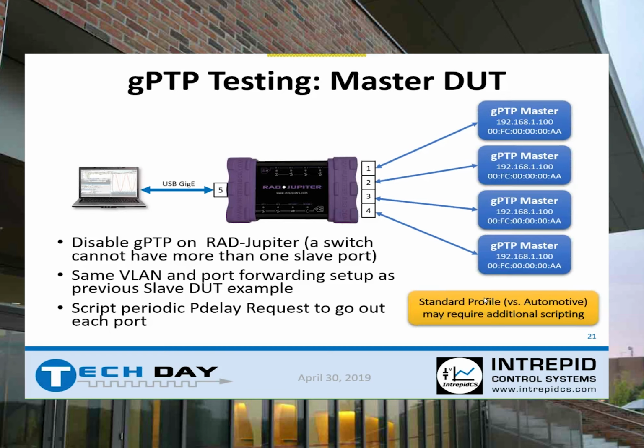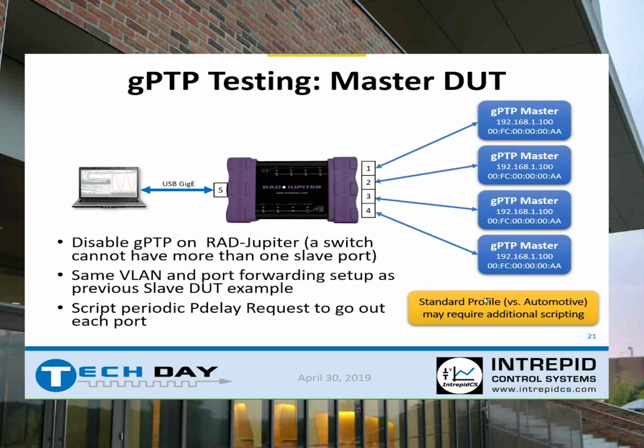So you disable the gPTP altogether on the Jupiter. You have the same VLAN and port forwarding as the previous example, but in this case, because of the way gPTP works, you need to script a simple message to go out and request some information that the masters, when they're configured as a master, should respond.